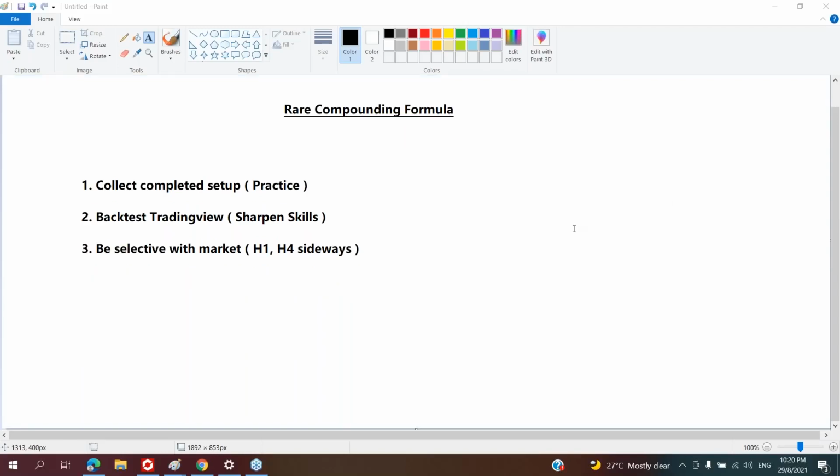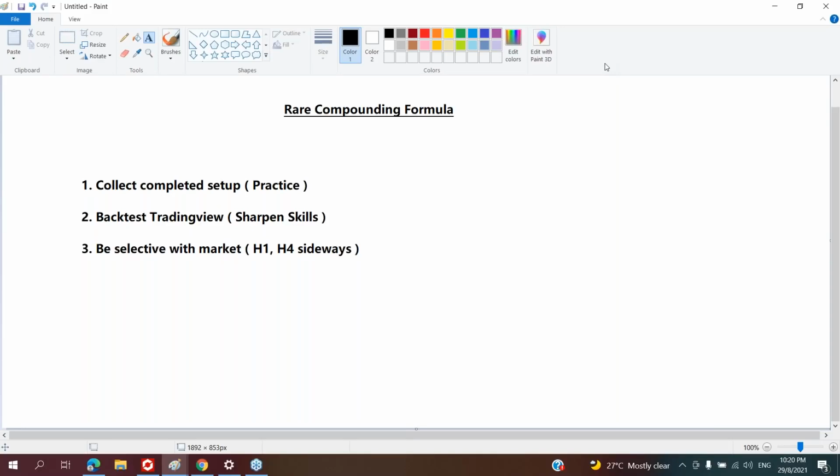So why the rare compounding formula? Because this type of compounding is real quick, very selective and very rare, because it uses a very high lot.